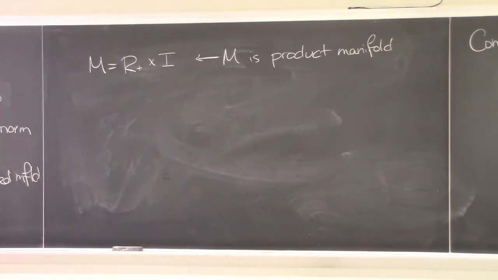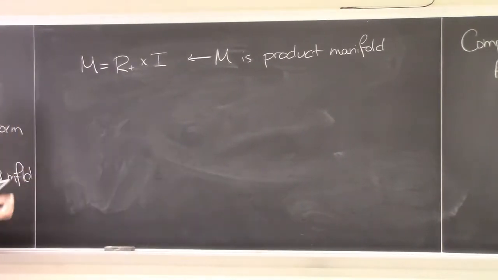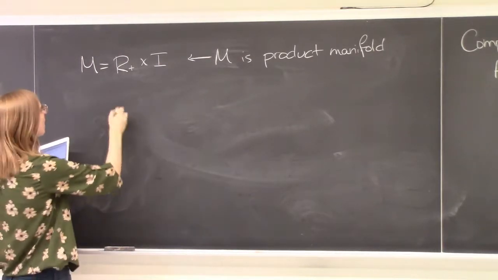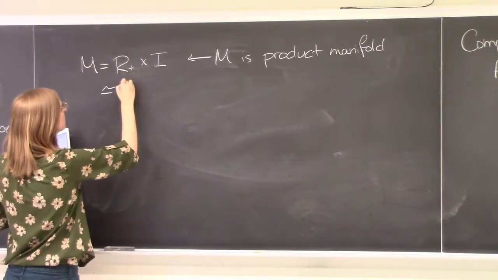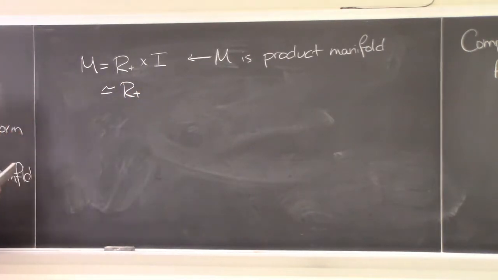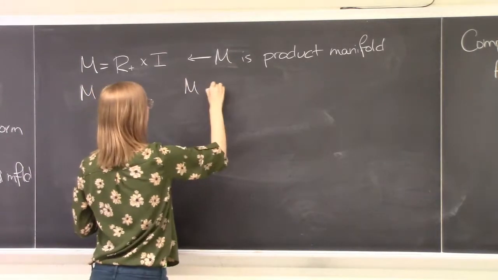And in this case, M should always be taut. R plus should always be Thurston norm minimizing, just because it has a deformation retract, is homotopy equivalent to just our boundary subsurface itself. And so M should always be taut.